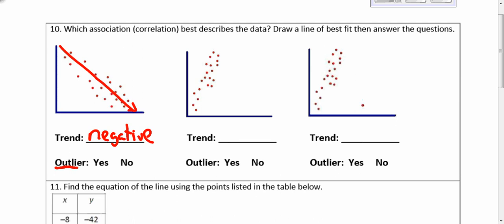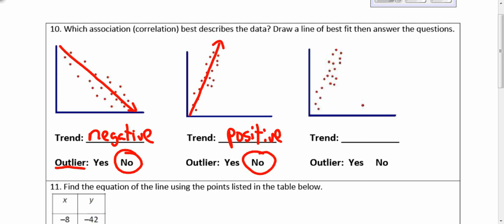An outlier is a point that stands alone and away from the rest of the data. So there is no outlier here. There is no outlier in that first graph. I'm going to draw a trend line here, and the trend line looks like that. The trend is positive because it goes up from left to right.